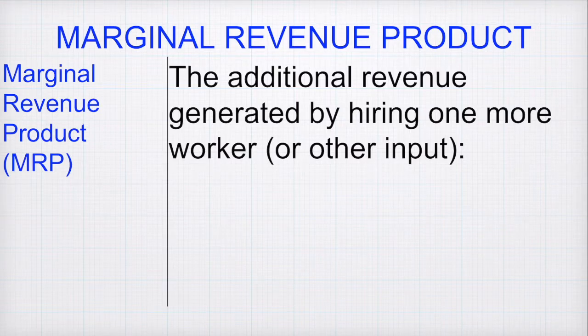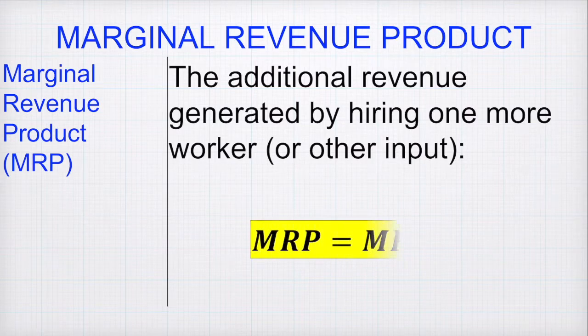We'll use workers just to keep things simple, but this really applies to any input that could be hired in the production process. So you want to think of this as what is an additional worker worth? Like how much extra output am I going to get, but more importantly, how much can I sell that output for? And that's going to give you an idea of the value of an additional worker.